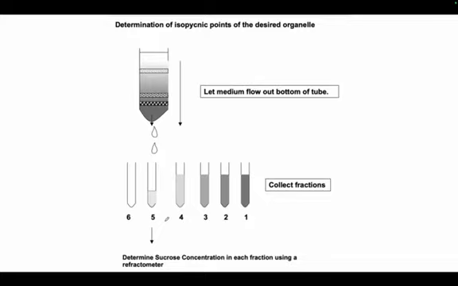If I have an unknown sample and I want to determine what is the isopycnic point, then I can also do that through this experiment where basically you have to collect the fractions, then you can determine the sucrose concentration in each fraction, which will tell you the isopycnic point of your organelle. Right?